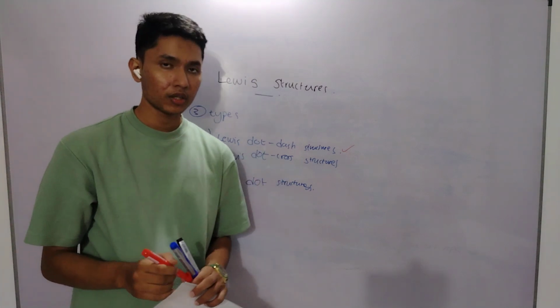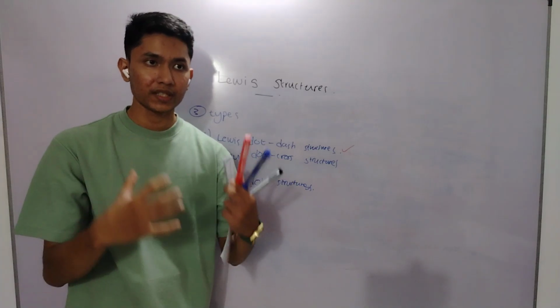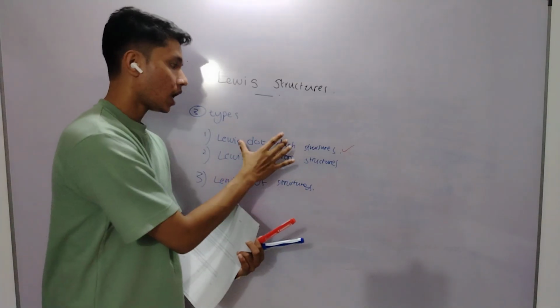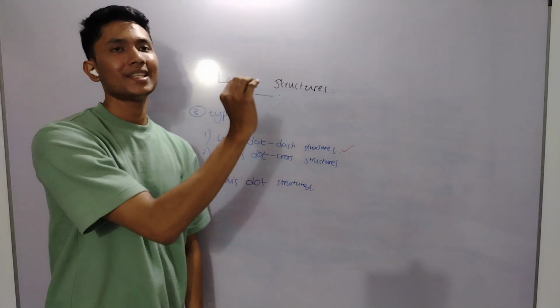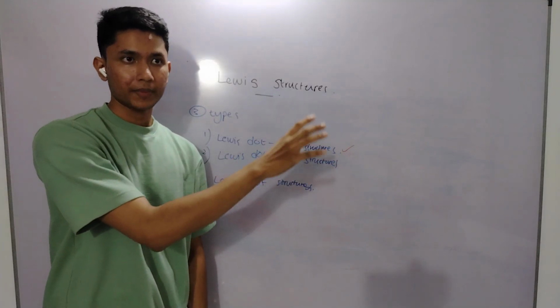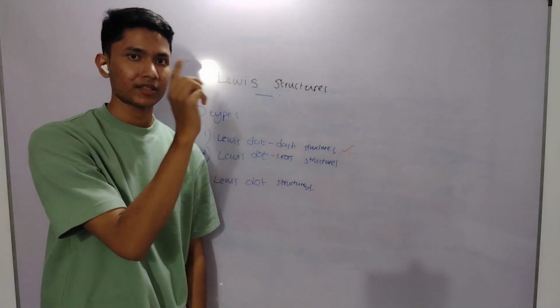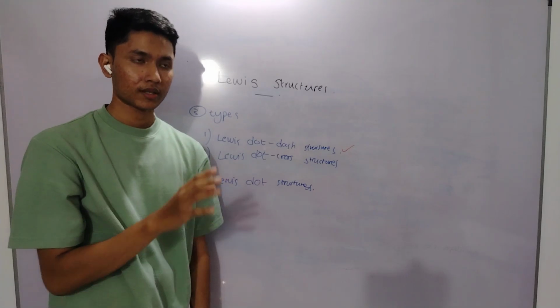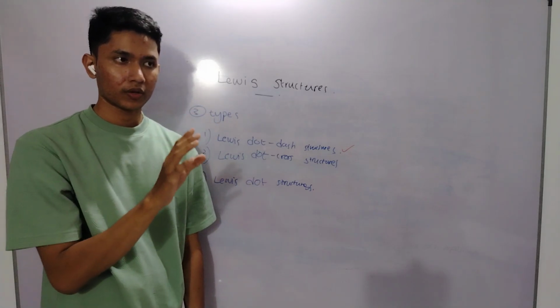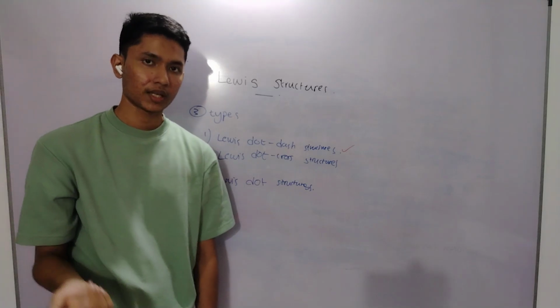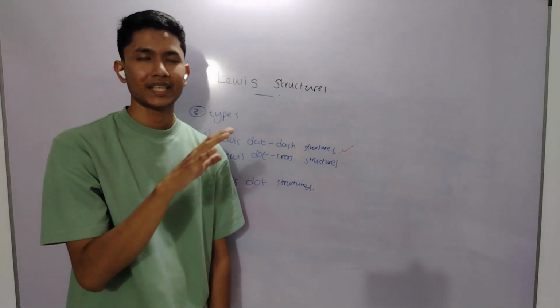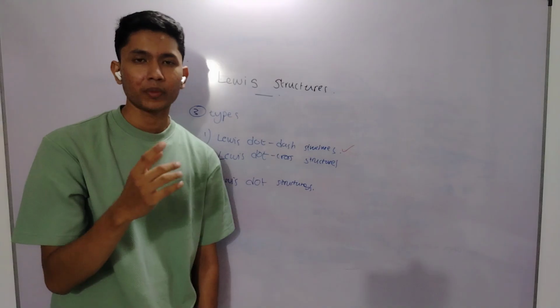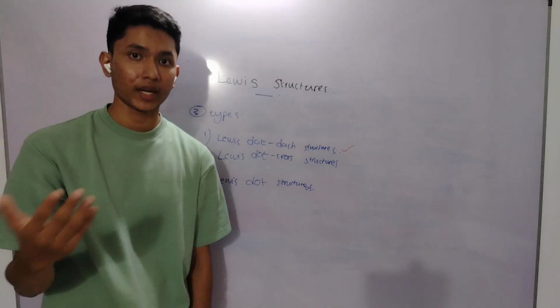In A-level, what you should know is this: they will give you a molecule, PCl5, and you must be able to draw the Lewis dot-dash structure of that molecule. For now, it will take some time to draw one structure, maybe 5 to 10 minutes, sometimes 10 to 20 minutes.